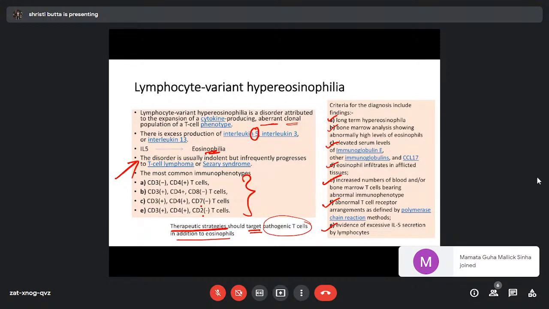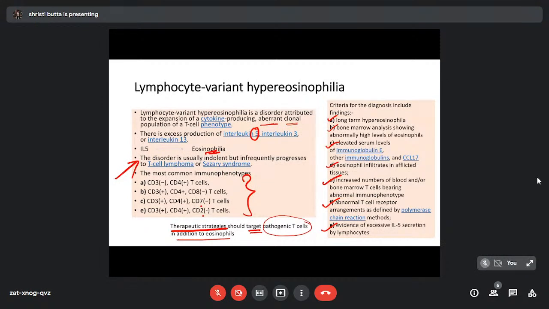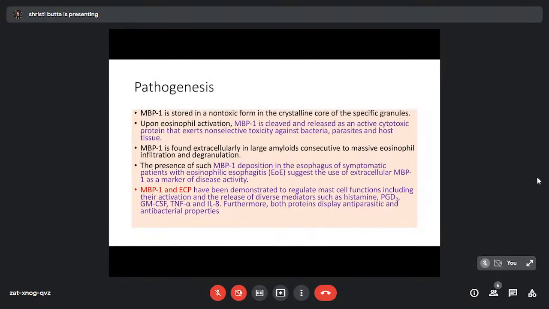MBP1 and eosinophilic cationic proteins have been demonstrated to regulate mast cell functions, including their activation and release of diverse mediators like histamine, prostaglandin D2, GM-CSF, TNF-alpha, and interleukin 8. Furthermore, both proteins display antiparasitic and antibacterial properties. A high level of eosinophilic cationic protein has been associated with several diseases, besides asthma and atopy and other inflammatory conditions, even coronary artery disease.